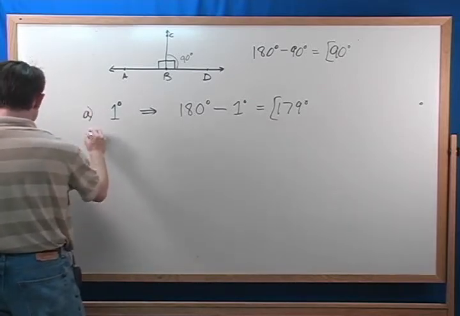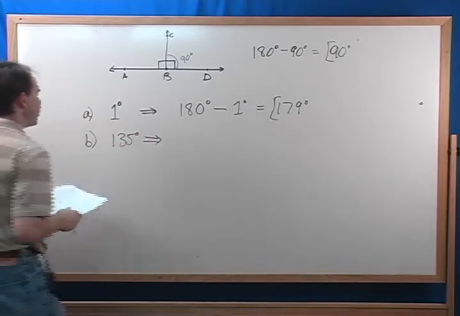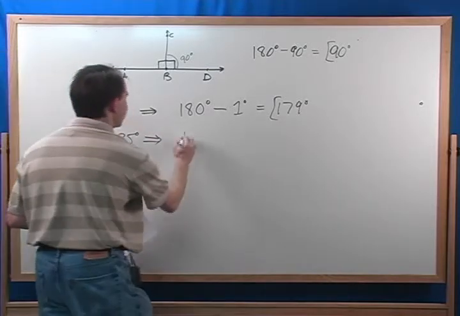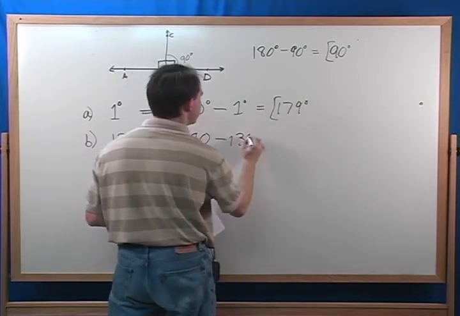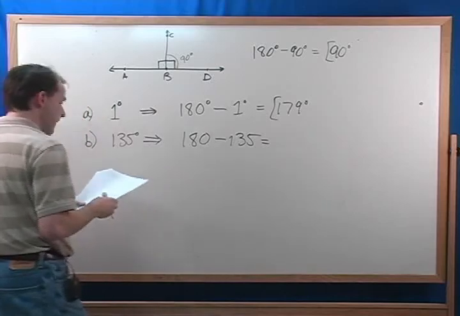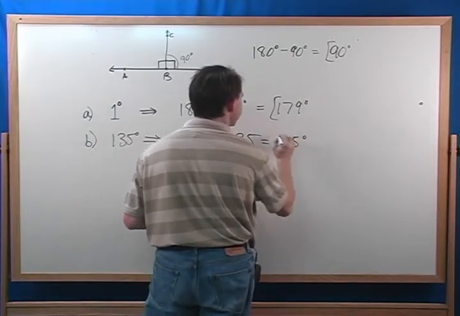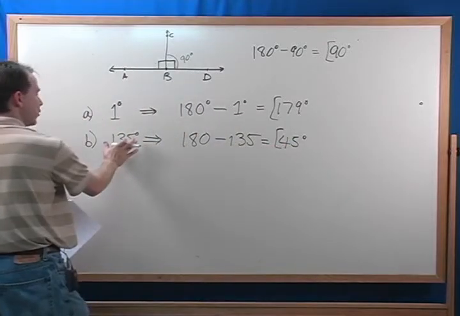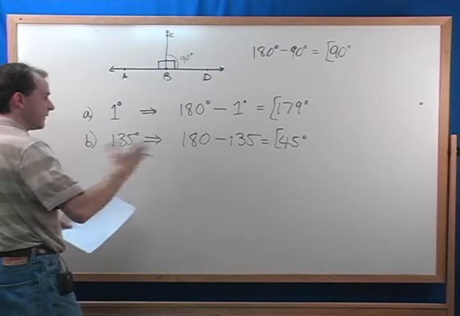Okay, you can also have, what if you have 135 degrees? What's the supplement of that angle? Same thing, you take 180 and you subtract 135, and when you do that math, okay, you will get 45 degrees. So the angle 135 degrees and the angle 45 degrees are supplements of one another.